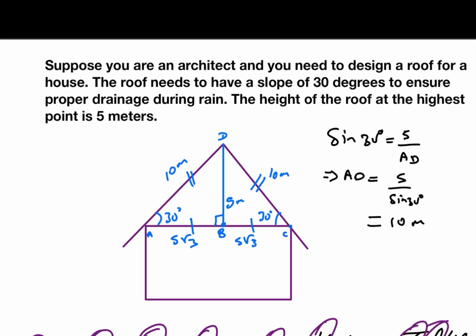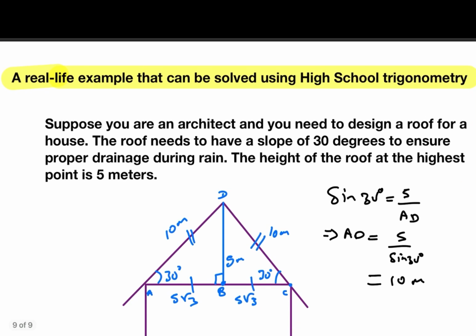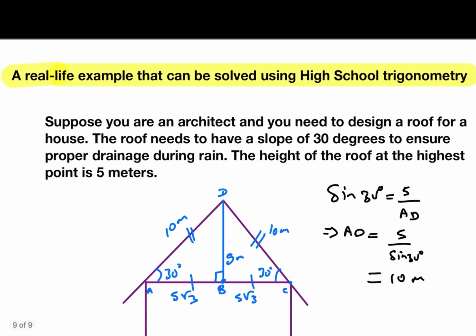This is how an architect would essentially use high school trigonometry to solve a very important problem in housing, in designing a house. Very important. The angle of the house, everything is in the right corner. Every angle, every size of everything when you're designing a house.